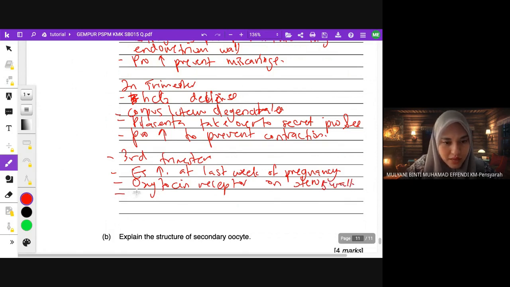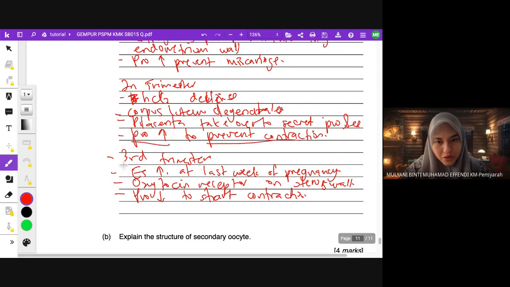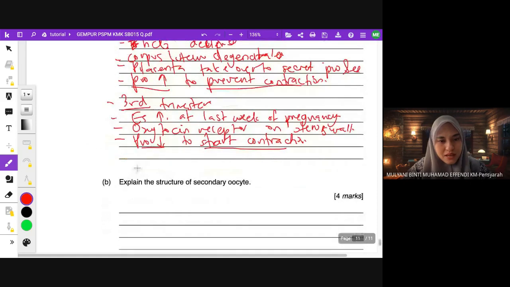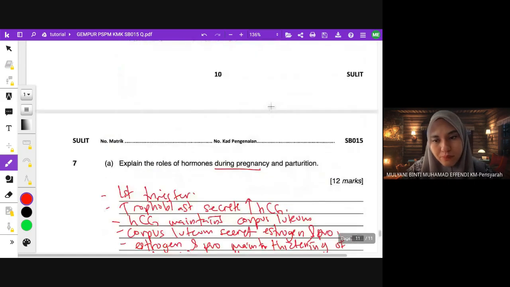Okay, and then so bila dah hujung-hujung tu progesterone level akan menurun lah to start contraction. Macam tu, sebab ingat tak trimester kedua progesterone tinggi sebab prevent contraction. Jadi trimester 3 progesterone akan rendah untuk mulakan contraction. So kadang tu point tu awak boleh macam kembangkan, maksudnya macam saling berkait, cuma ubah je, terbalikkan saja. Okay, so settle pasal pregnancy.